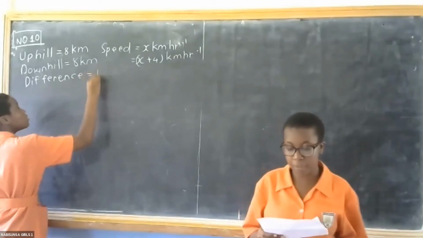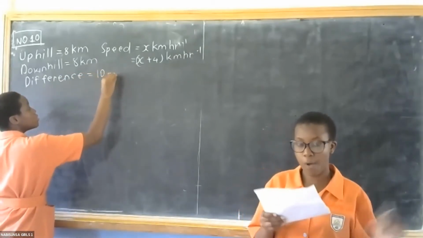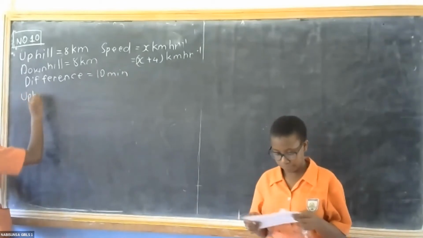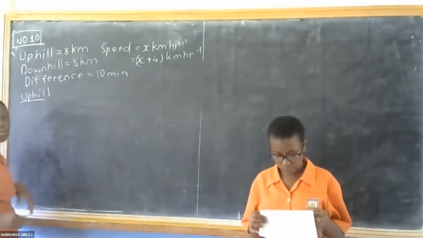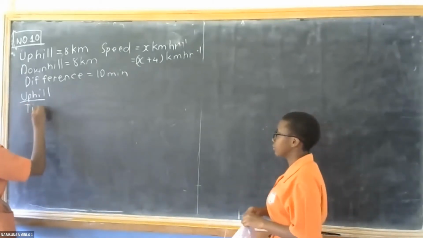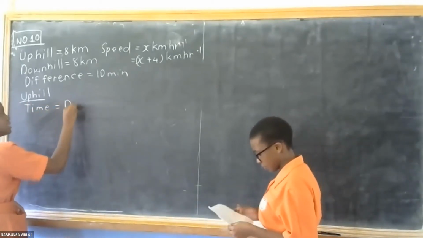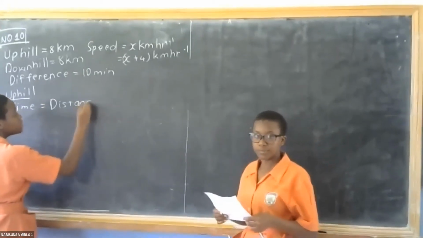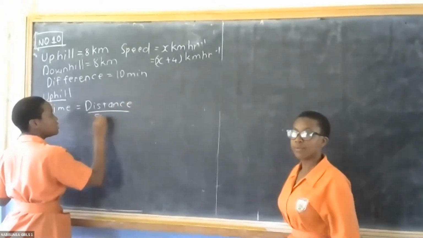Write down an expression for the time taken for the uphill journey. So for the uphill journey, time is equal to distance out of speed.